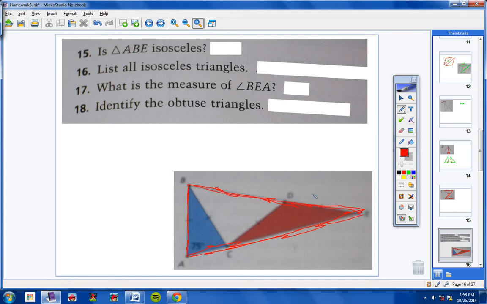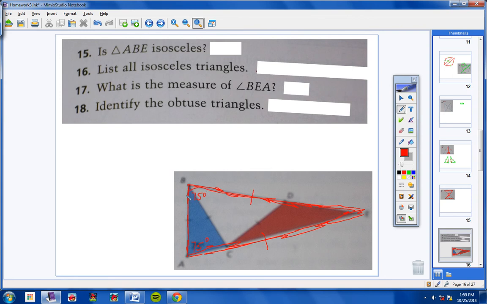Now remember, opposite angles, if two angles in a triangle are congruent, their opposite sides are congruent. Now this is 75 degrees here. If this is 75 here, then I can say this side here is congruent to this side here.